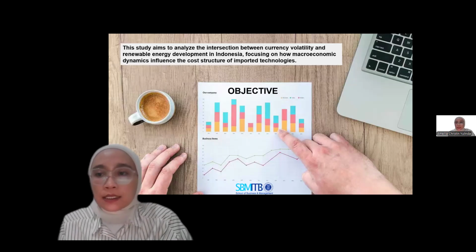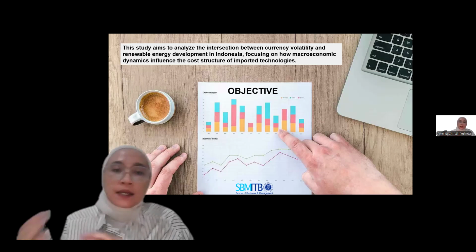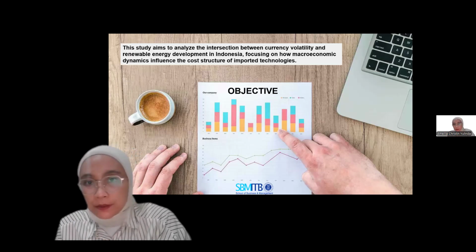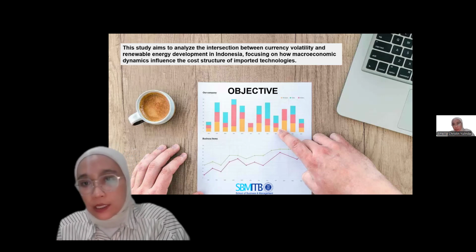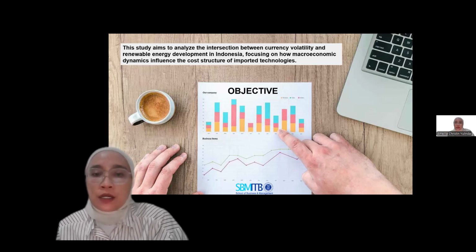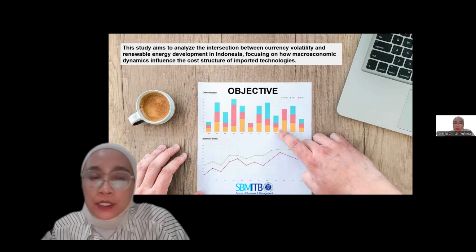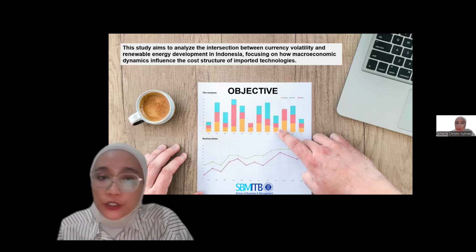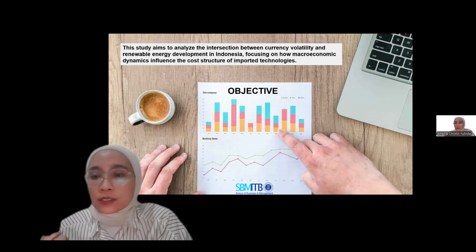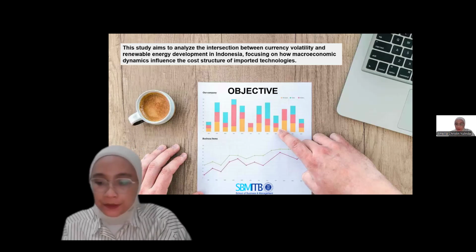Well, on the next slide, we talk about the objective. This study's objective is to analyze the intersection between currency volatility and renewable energy development in Indonesia. This study focuses on how macroeconomic dynamics influence the cost structure of imported technology, especially renewable technology.